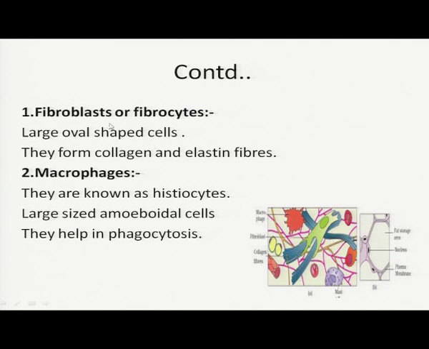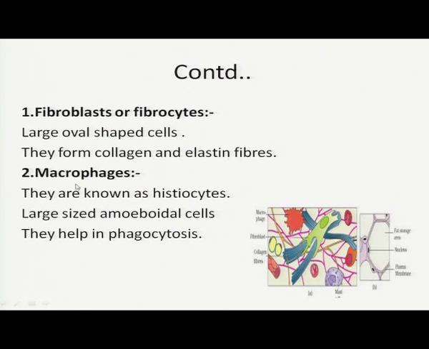Now, fibroblasts or fibrocytes are large cells, oval in shape, and they secrete the fibers. They produce collagen and elastin fibers made up of the proteins collagen and elastin.